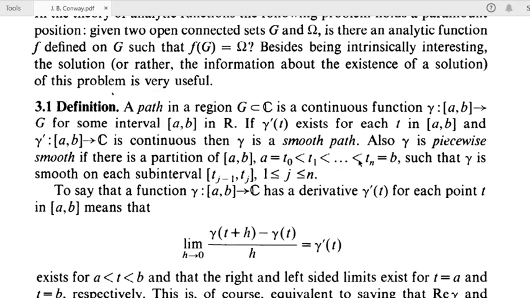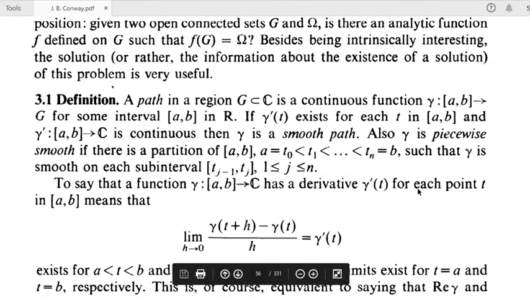The last subinterval is [t(n-1), tn], where tn is equal to b. In each of these closed subintervals gamma behaves as a smooth path, and then we call gamma a piecewise smooth curve. That means the path is smooth in each of its pieces.